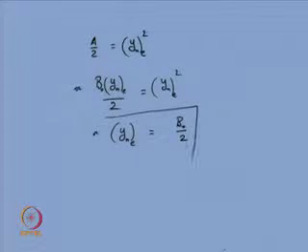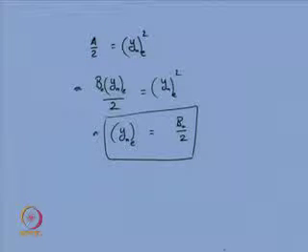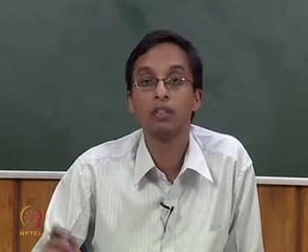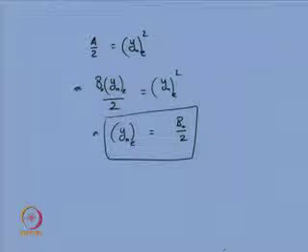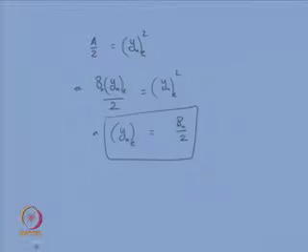So this is the criteria for the hydraulically efficient rectangular cross section. That is, your depth of flow should be half of the width of the channel. So, that is the criteria. Here the suffix E is showing the hydraulically efficient channel. So, for rectangular channel one can prepare it like that.